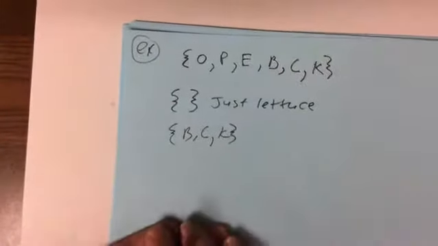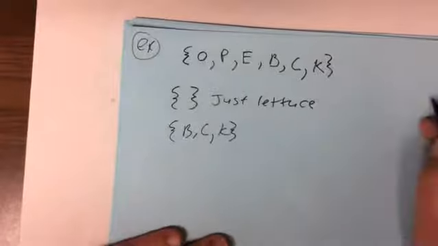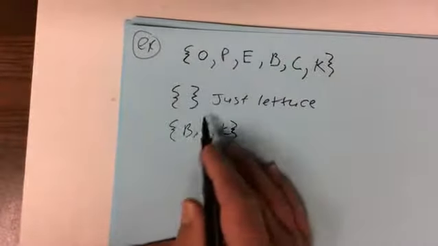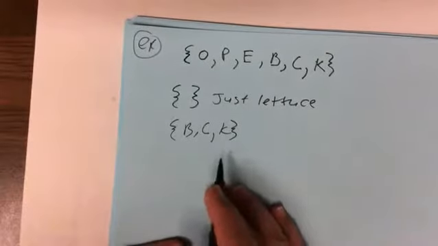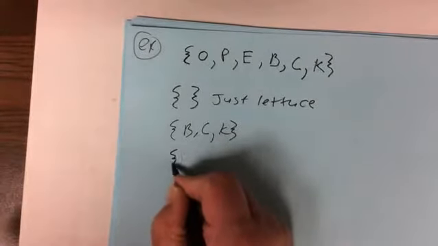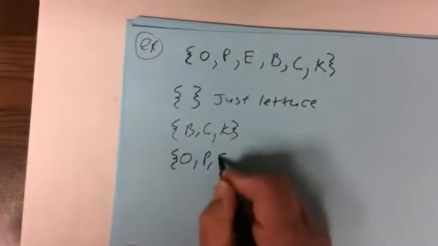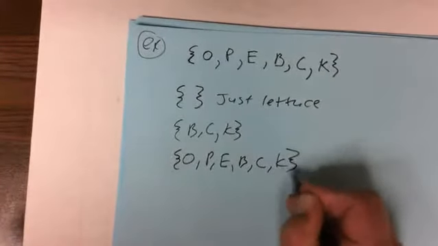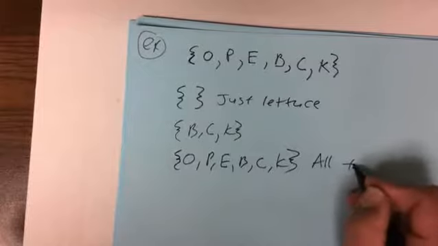They would have just those three on there. Oh, and you could put some dressings. I didn't think of dressings. But do you see that all the possible salads they could make, okay, and one would be O, P, E, B, C, and K, and this would be a salad with all the toppings on it.